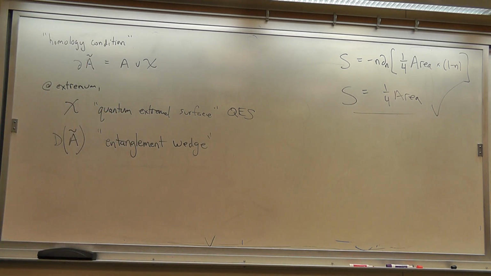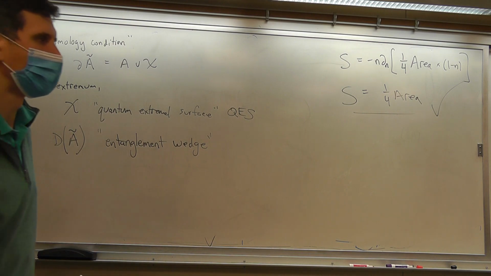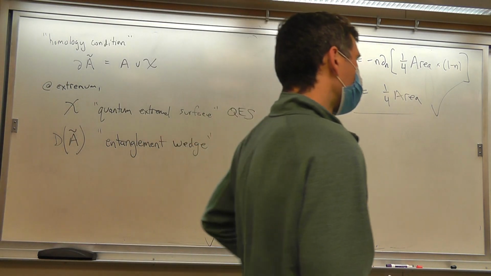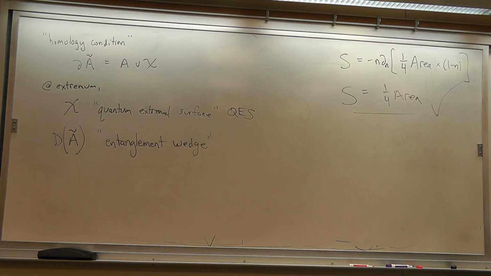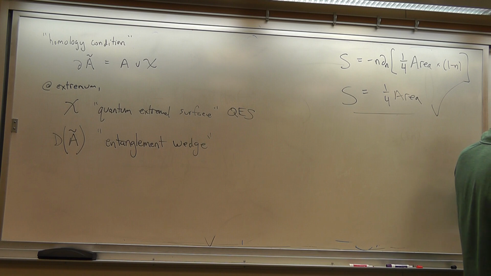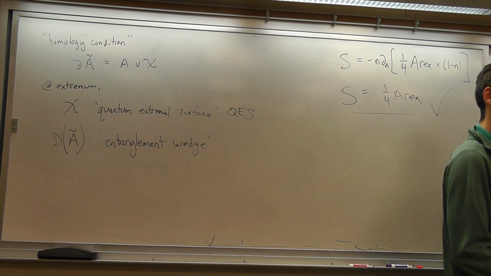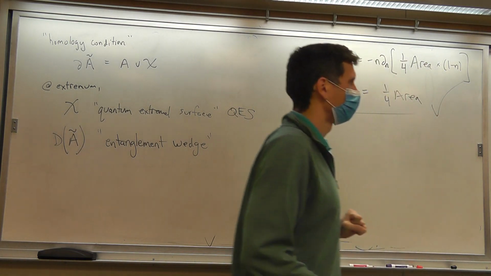Shouldn't the diamond go out like that if you're going forward in time? No, what this diamond means is everything that's determined by taking the physics at time 0 at A tilde and evolving. I see, so it's everything that's fully determined by A tilde. Got it.